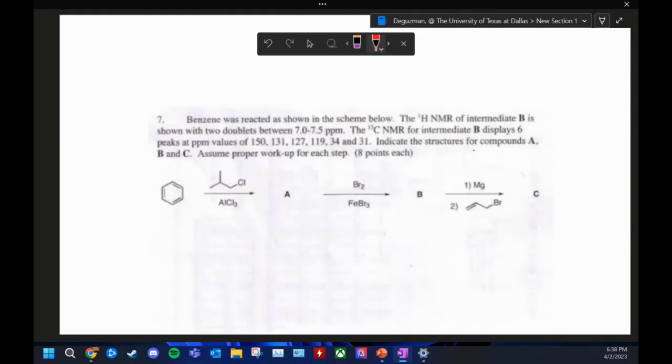We have a CNMR which shows 6 peaks. And then what is A, B, and C? So it looks like for A, we can just do a simple reaction, right? So we have a benzene and it looks like a Friedel-Crafts. So I'll give you guys like 1 minute to do A.